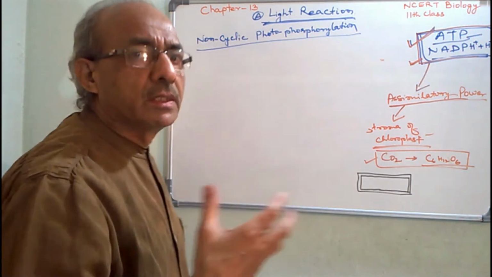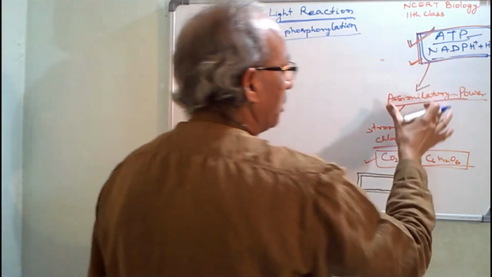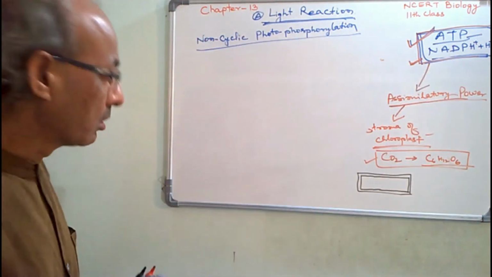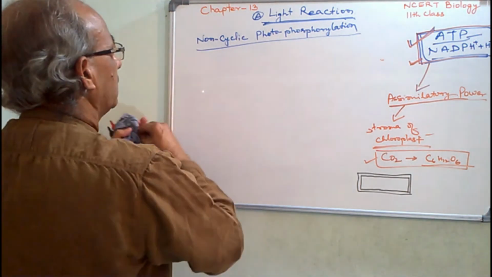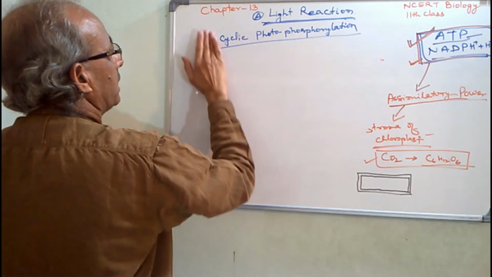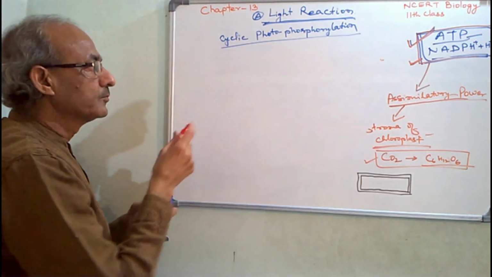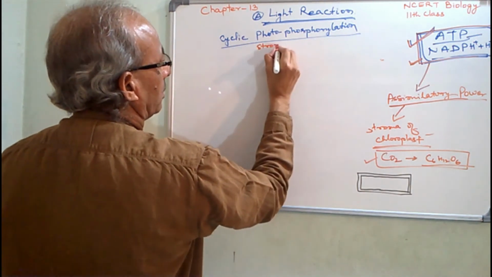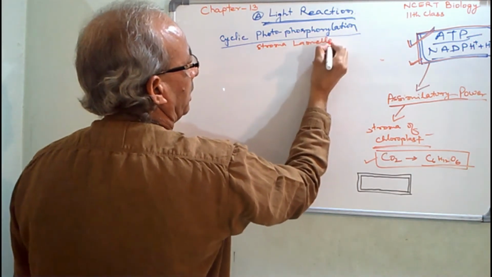Oxygen is generated, and reducing agents or assimilatory power are generated to participate in the dark reaction onward. Now we will discuss the cyclic photophosphorylation. It takes place at stroma lamellae.